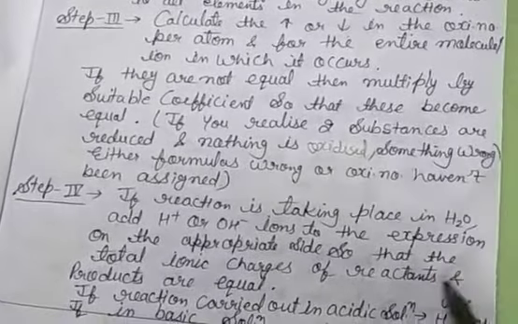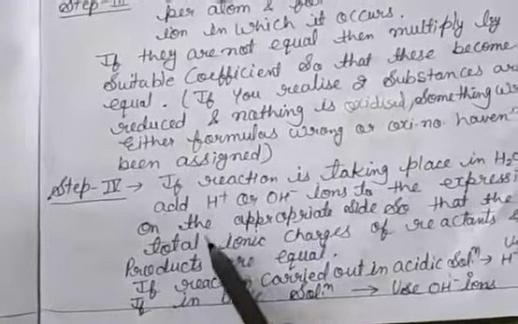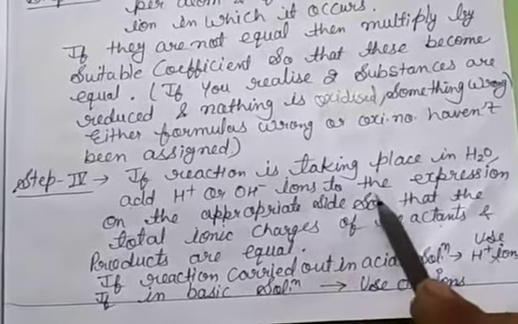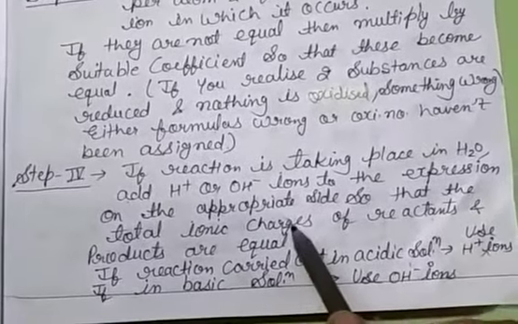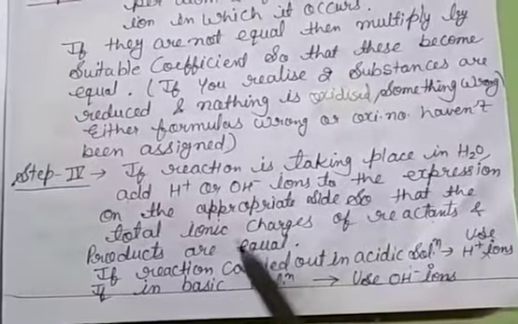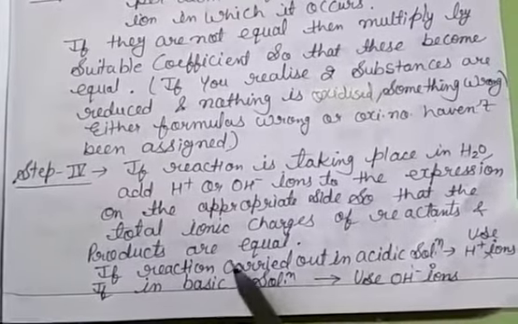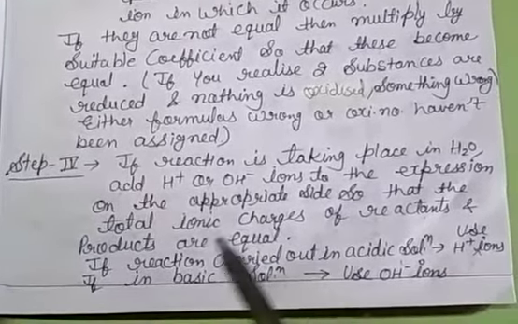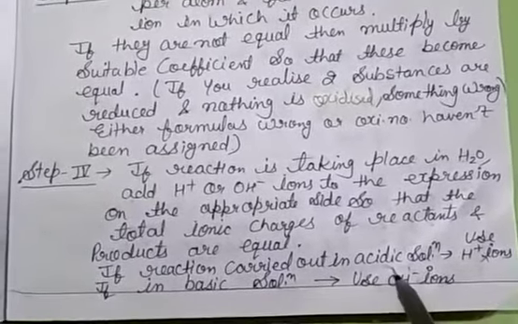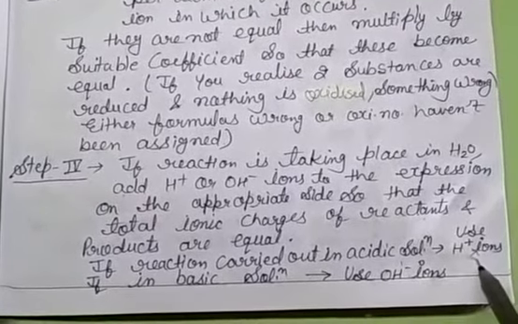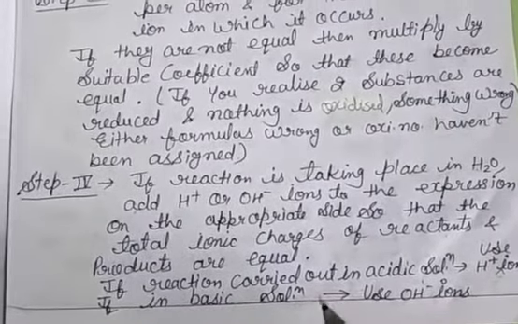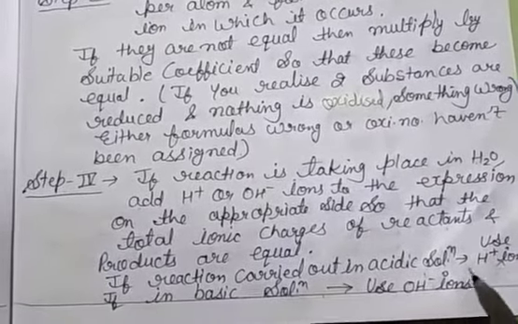If the reaction is taking place in water, add H plus ion or OH minus ion to the expression on the appropriate side, so that the total ionic charge of reactants and products are equal. If the reaction is carried out in acidic solution, use H plus ion, and if in basic solution, use OH minus ion.